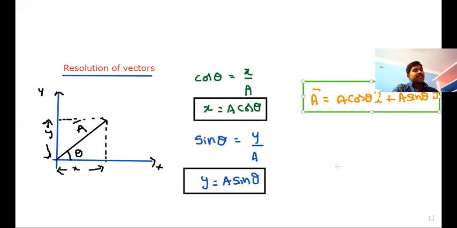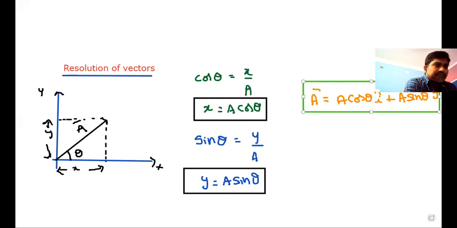Any vector can have two components in a plane, but if I consider the complete coordinate system with x, y, and z axes, then you will have three coordinates. That is different, and I will explain that. First of all, in this particular case, the final vector is a bar equal to a cos theta i cap plus a sin theta j cap.